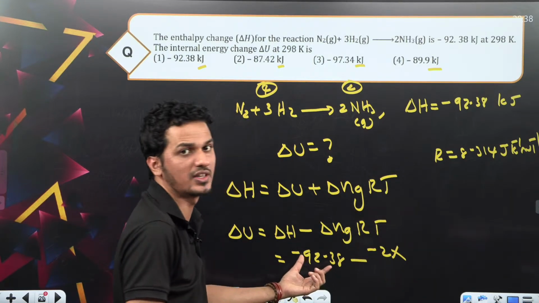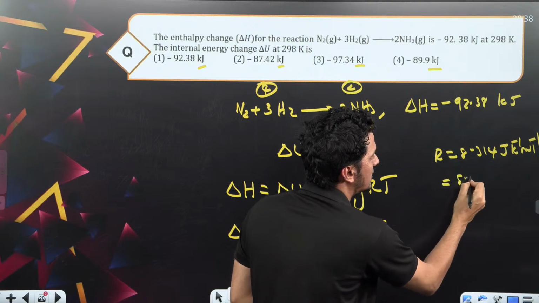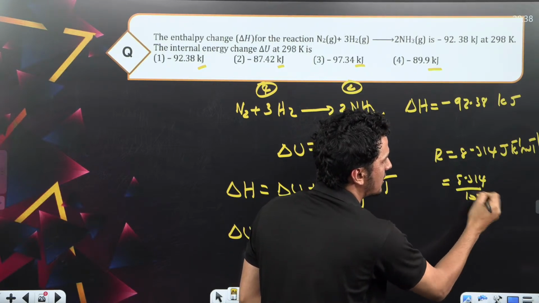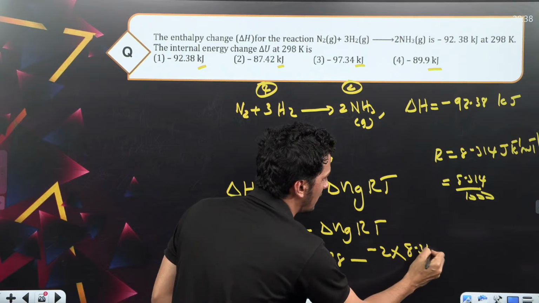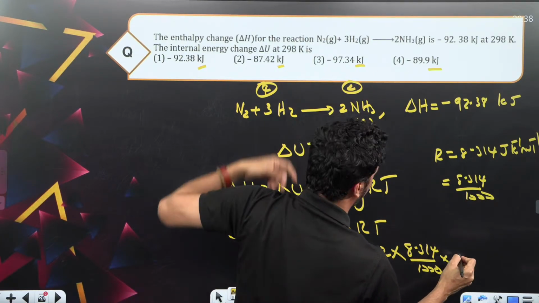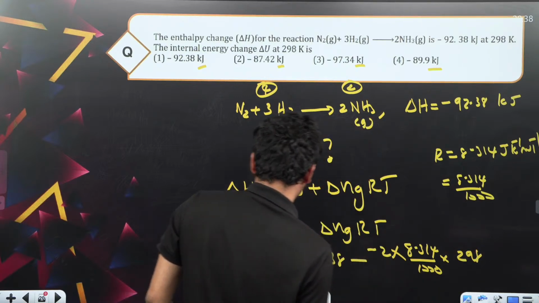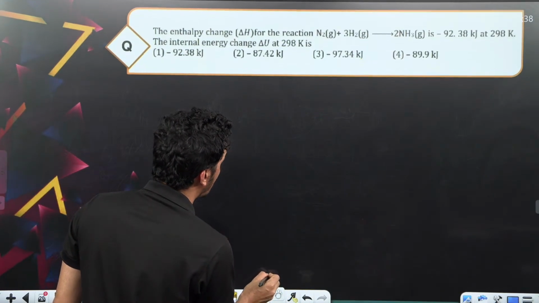But here we are talking everything in kilojoule, so how can I convert this into kilojoule? 8.314 divided by 1000, into temperature 298 Kelvin. So while I am doing this, I can do like what?